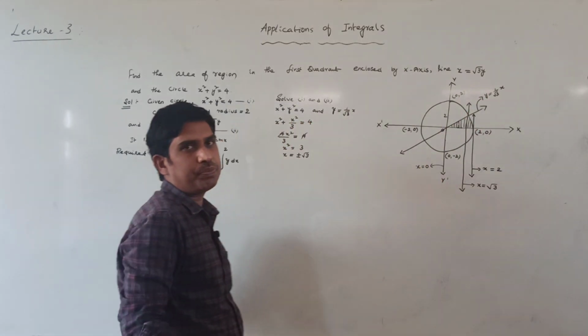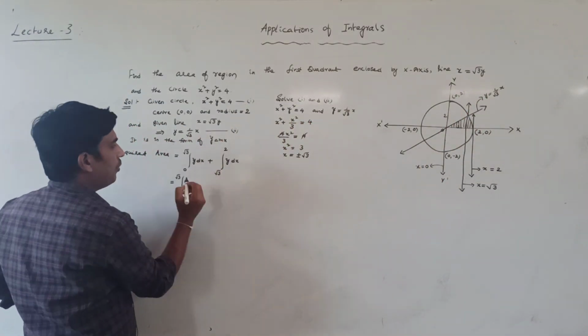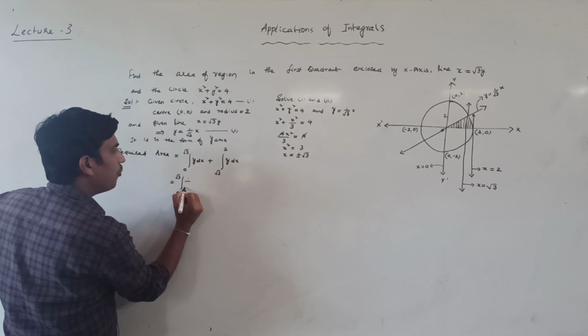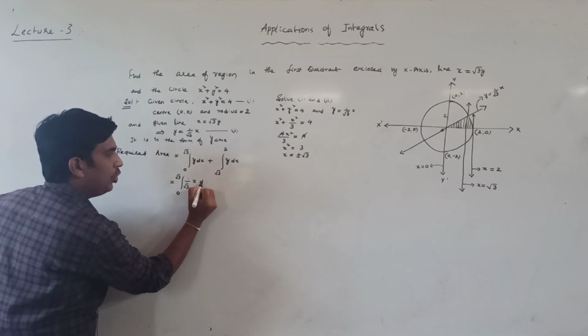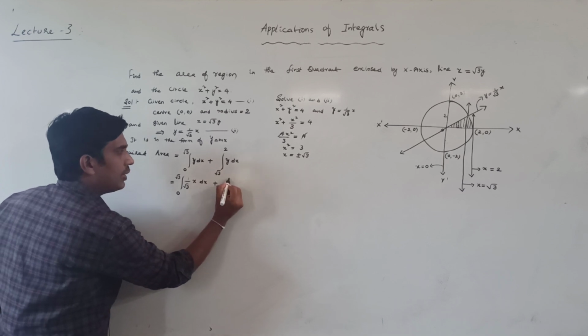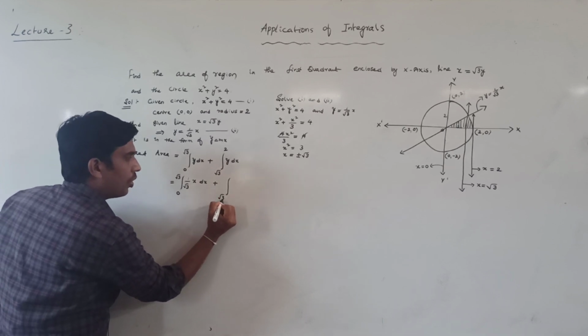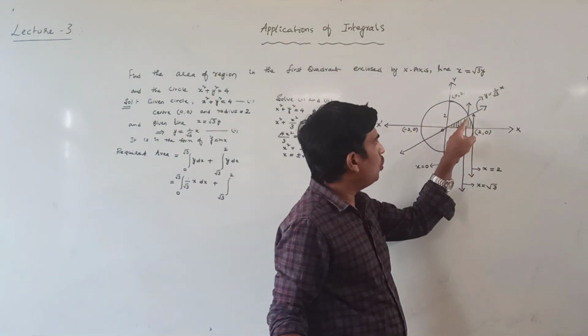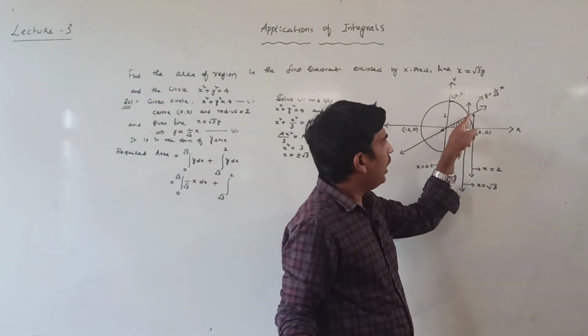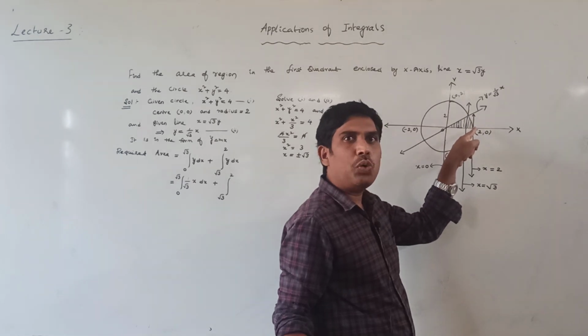It is 1 by root 3 x dx, plus the integral from root 3 to 2. From root 3 to 2, this is the area bounded by the curve.